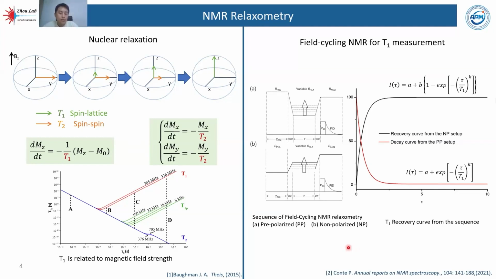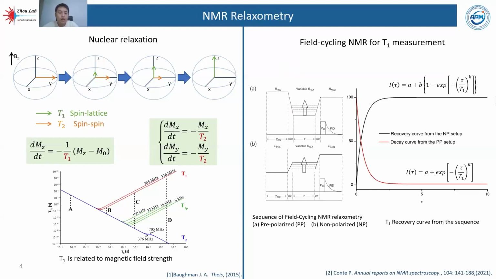The figure below shows a common field cycling NMR measurement sequence. The sample is measured under another magnetic field after passing through a variable relaxation field, and depending on the presence or absence of a polarizing magnetic field, it can be divided into a prepolarized and a non-polarized sequence.